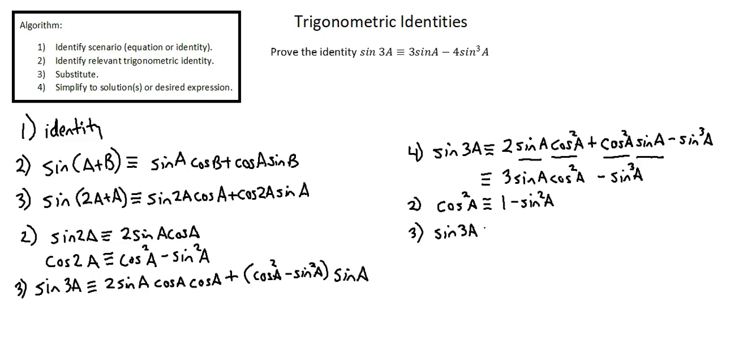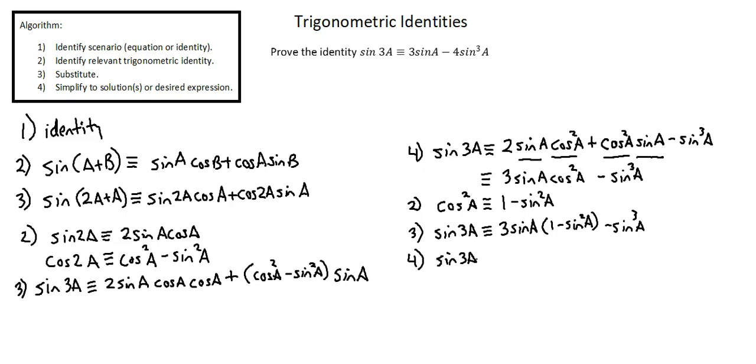Sine 3a is an identity with 3 sine a cosine a squared will become 3 sine a, and replacing cosine a squared with 1 minus sine a squared, minus sine a cubed. And once again, step 4, simplify to solution, or in this case, desired expression.